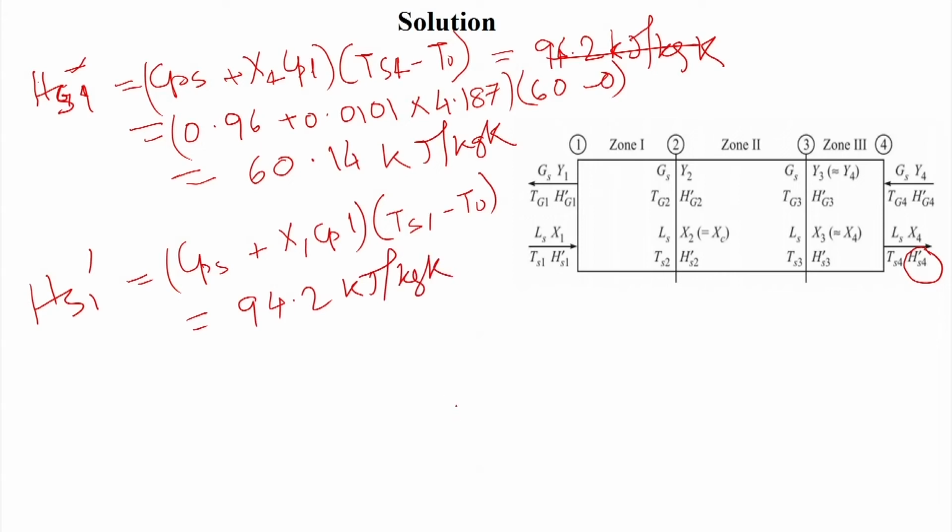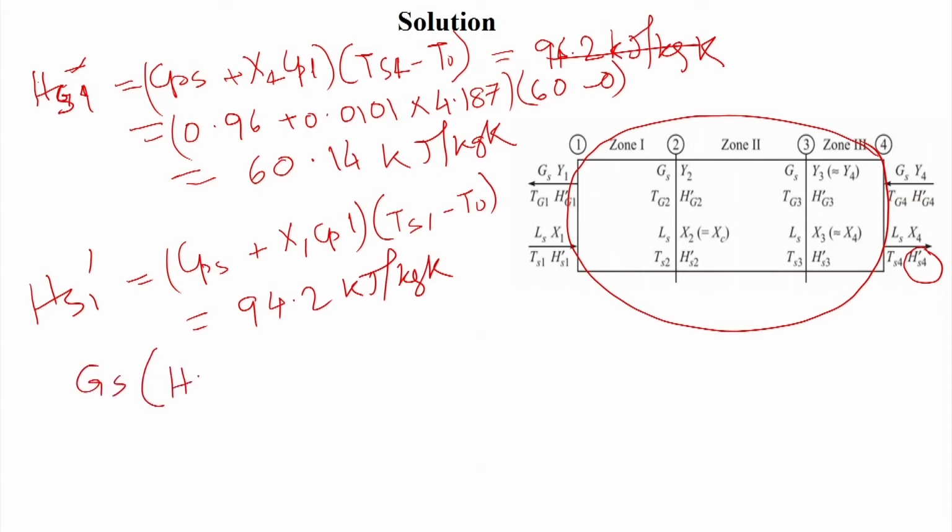Okay. Now, we will do the overall enthalpy balance across the entire dryer. So, we get Gs into Hg4 prime minus Hg1 prime is equal to Ss into Hs4 prime minus Hs1 prime. We will put all these values to get Hg1 prime, which is not available.